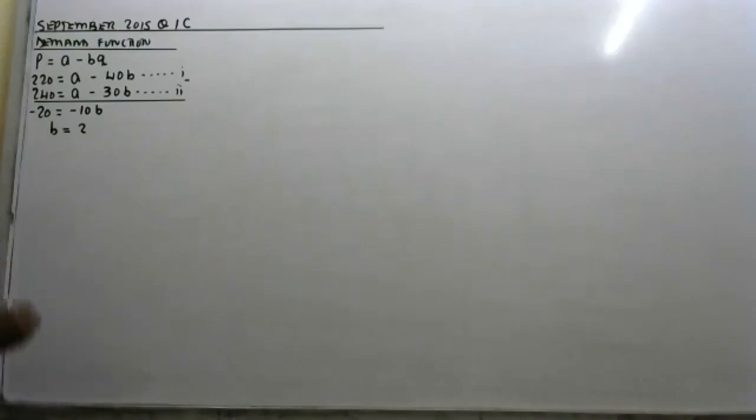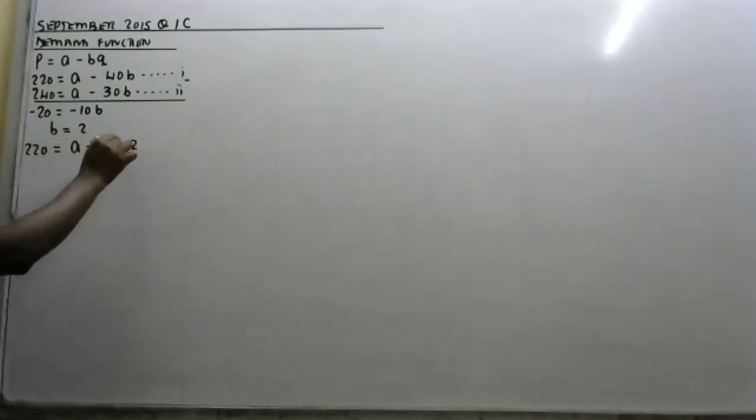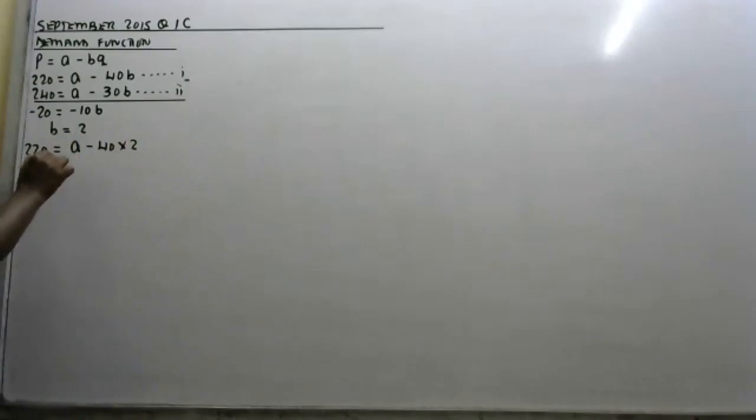So when B is 2, we get 220 equals A minus 40 times 2. So tell me, A is what? $300.